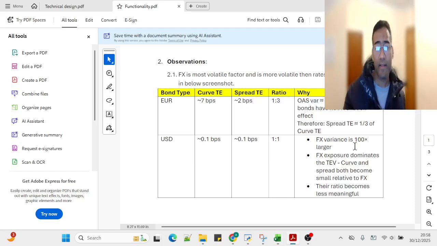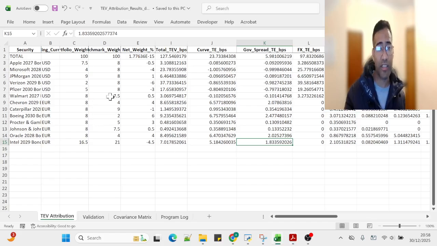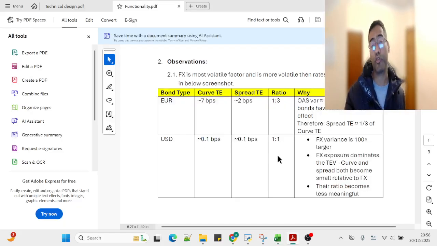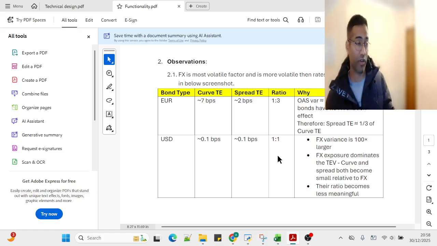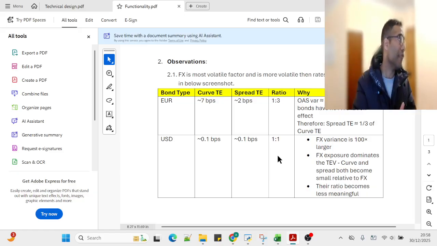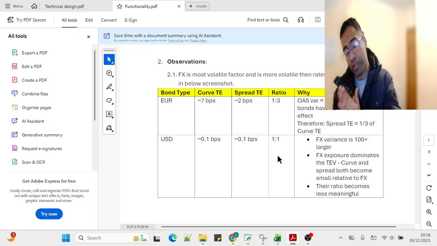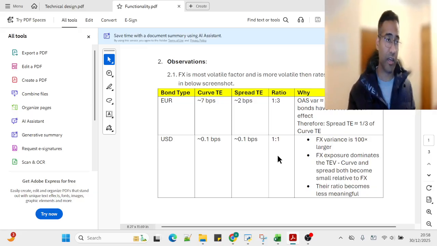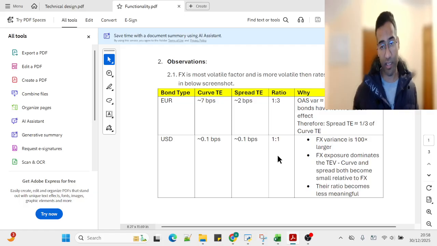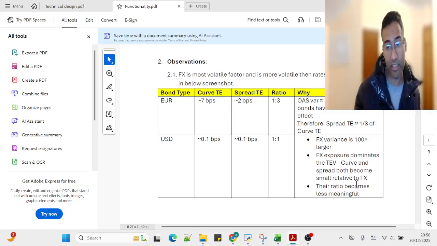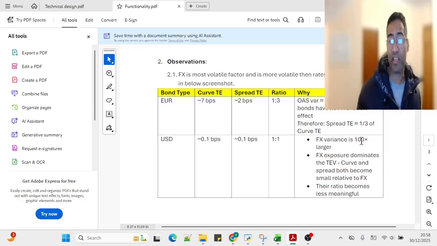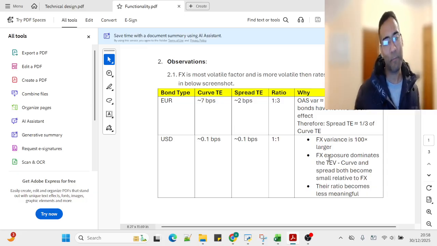Now for the USD positions, it becomes different. FX comes into the picture, right? You're converting your USD foreign currency positions into base currency for portfolio evaluation, so FX risk comes into the picture, and FX variance is 100 times larger than either OAS or rates.